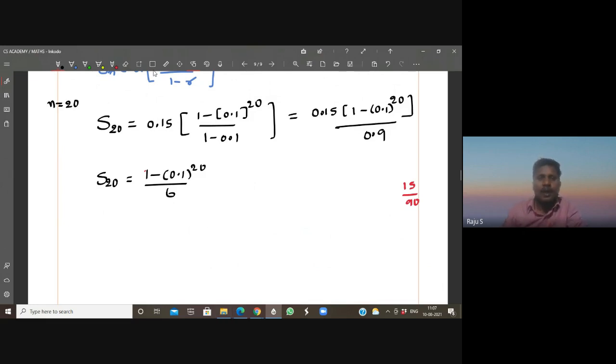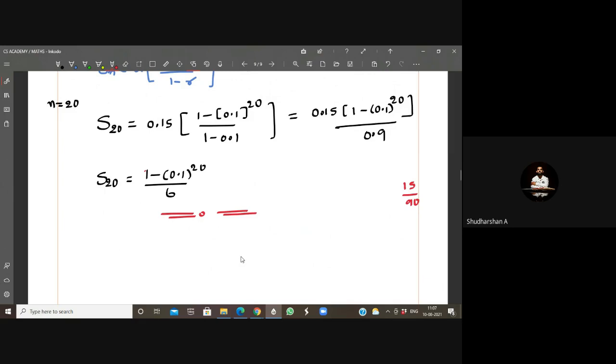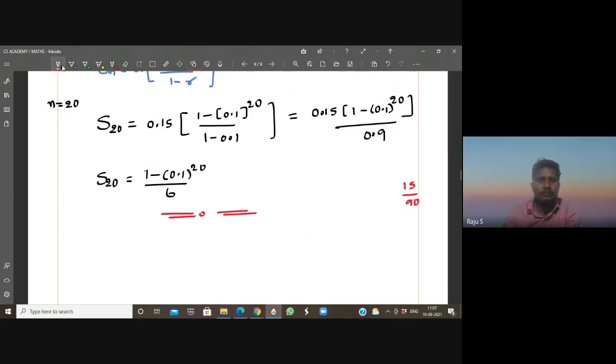So what is the book back answer they have given? Can't understand how 60. See here, 0.15 by 0.9. I want to write 0.90.